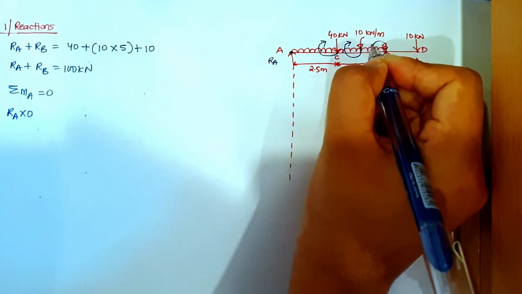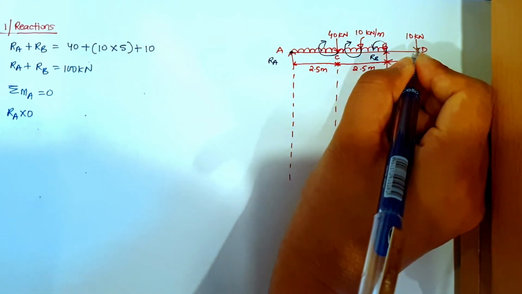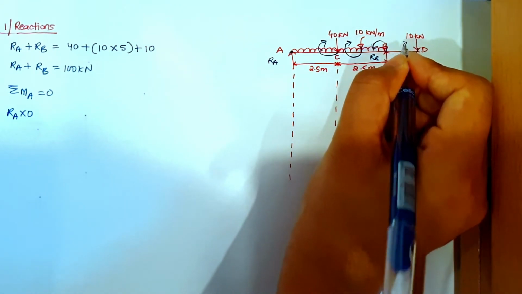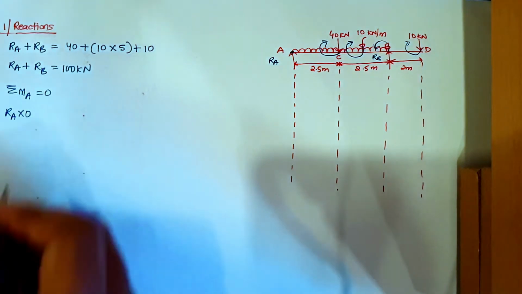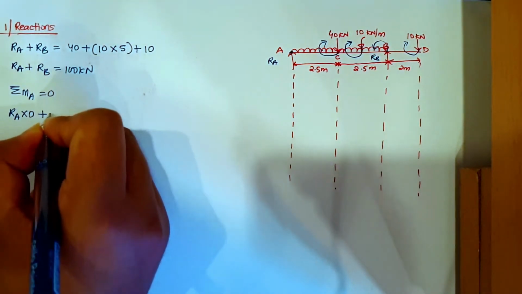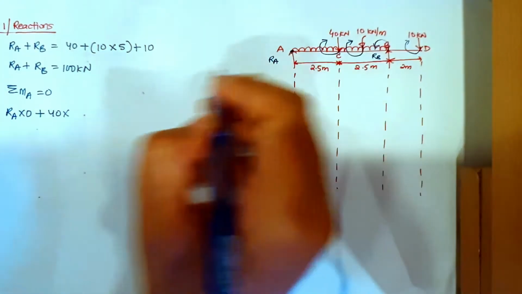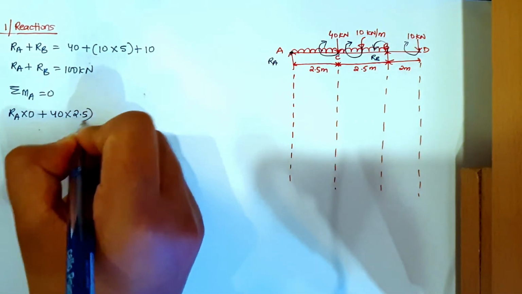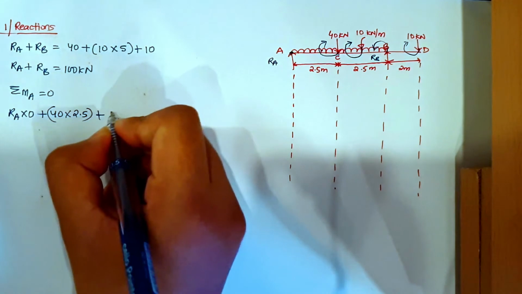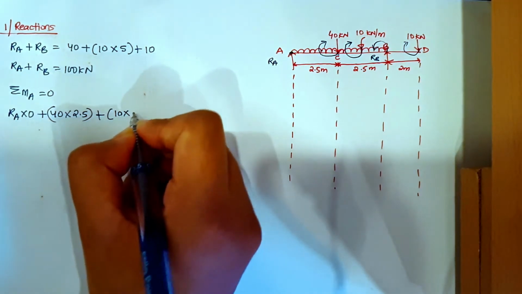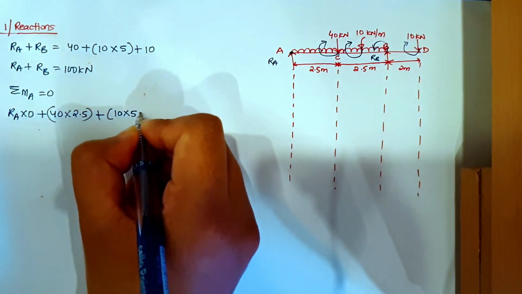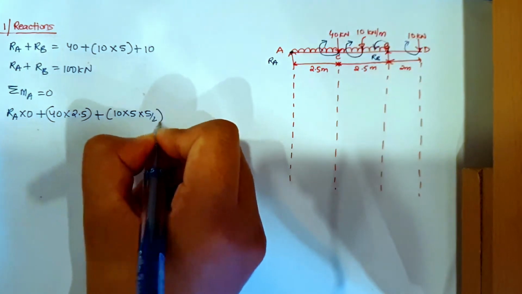RB will go in the anti-clockwise direction, and this 10 kN load will go in a clockwise direction. So I have plus 40 into the distance from C to A, which is 2.5, plus UDL 10 acting for a distance of 5 meters into 5 by 2.